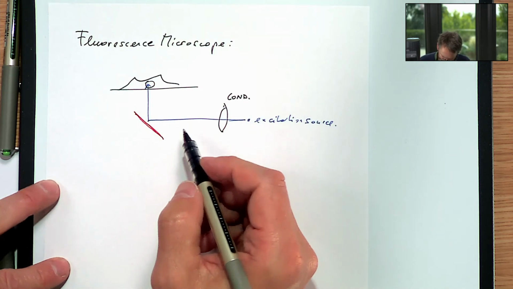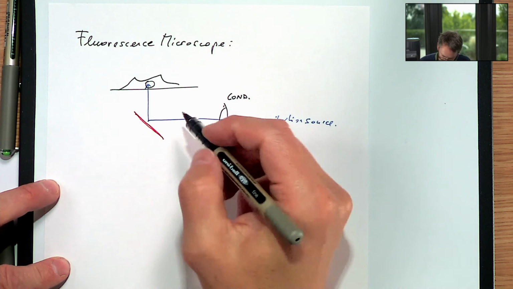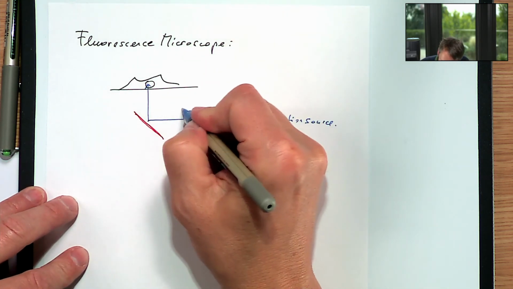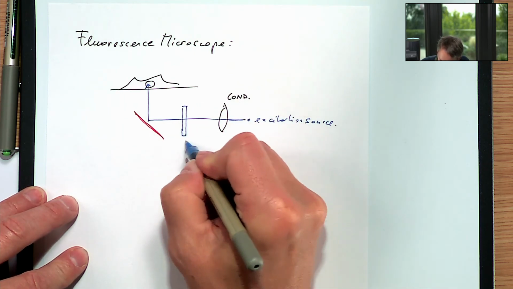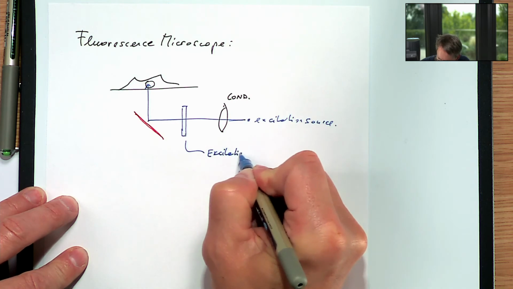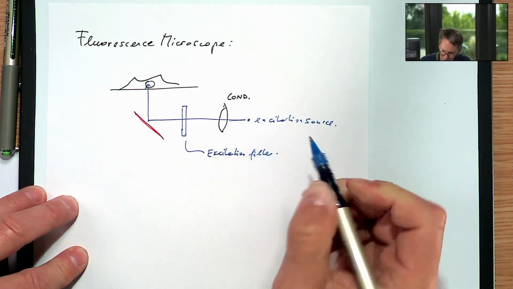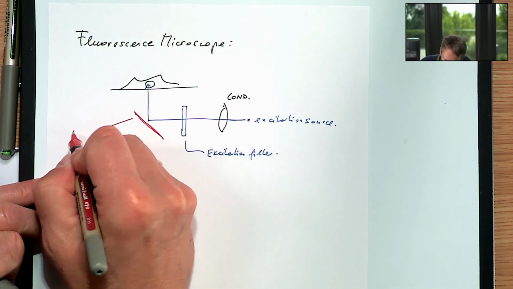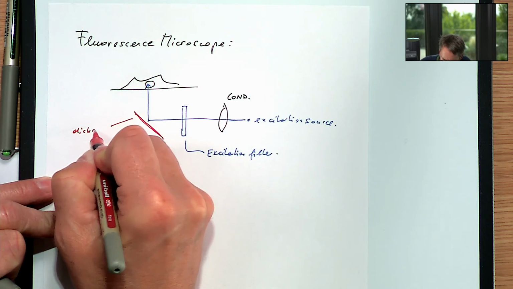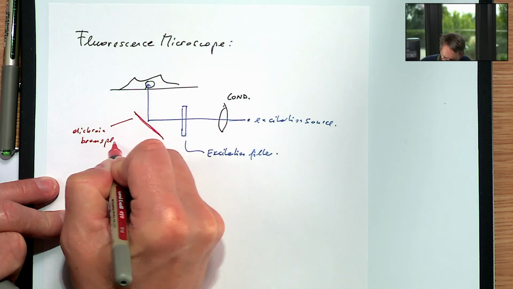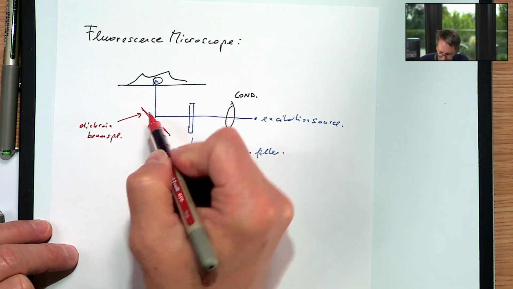I'm not drawing this with proper focusing and stuff like that. It's not important. But then I have here what is called an excitation filter. And then this is a dichroic beam splitter, this thing here.